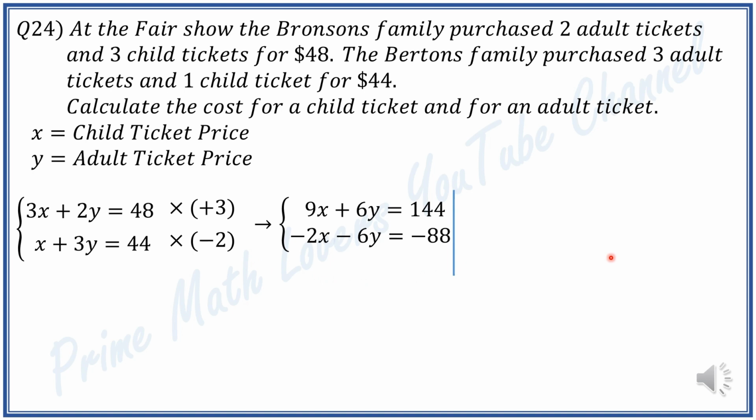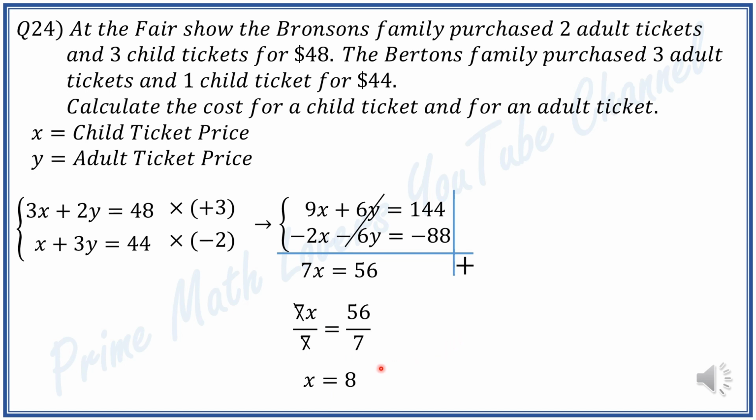If we add these two equations together, the positive 6y from the first equation cancels out the negative 6y term in the second equation, leaving us 9x minus 2x, which is 7x, equal to 144 minus 88, which is 56. So we have 7x is equal to 56. Dividing both sides by 7, x is equal to 8.